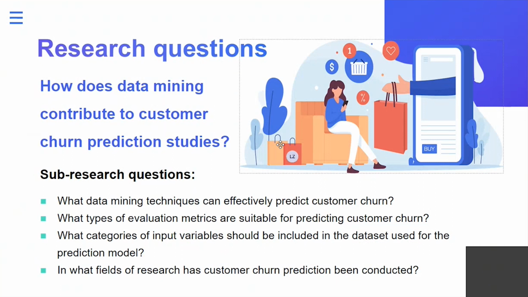Based on the objective, a fundamental research question can be formulated: how does data mining contribute to customer churn prediction? To answer this comprehensively based on the data mining process, the following sub-questions are proposed. Due to the time limitation, I will only talk about the first one: what data mining techniques can effectively predict customer churn?